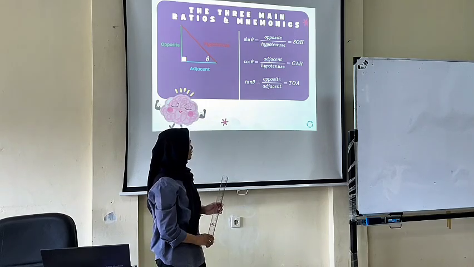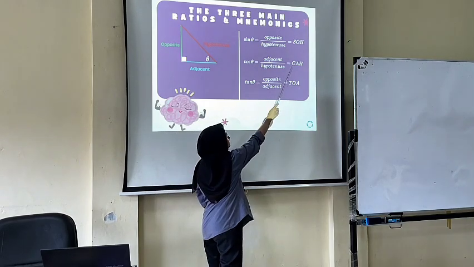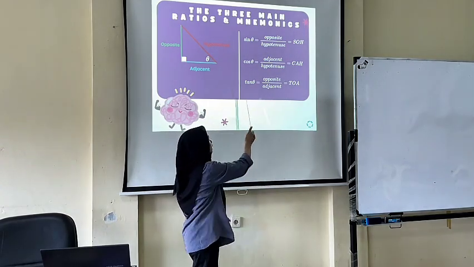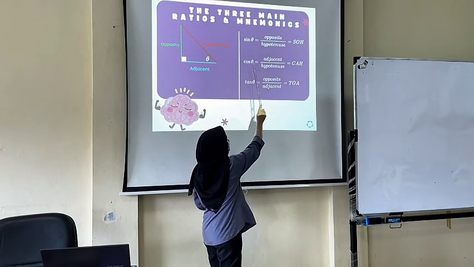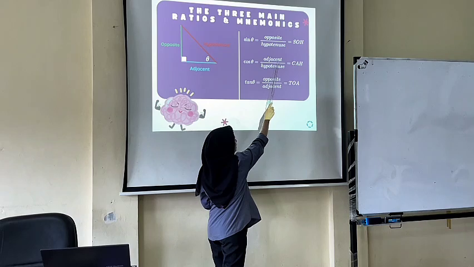And then next, cosine theta is adjacent over hypotenuse. Cosine is adjacent over hypotenuse.